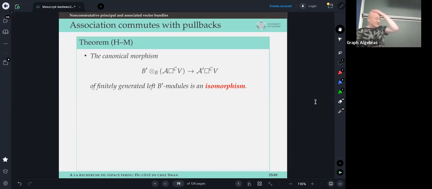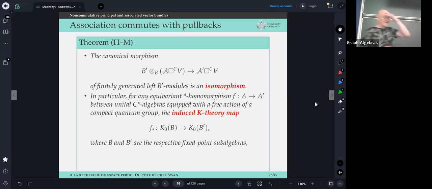Okay, so now what is important? At this level of generality, we have a very similar principle saying that association commutes with pullbacks, when pullbacks and association are meant in a proper way.